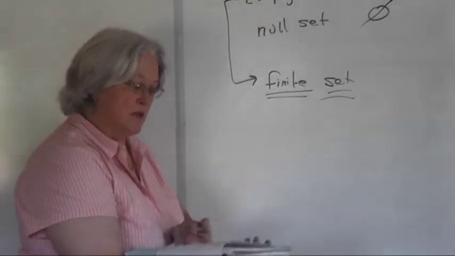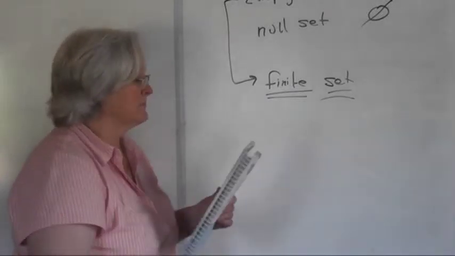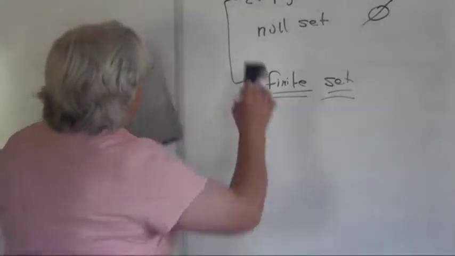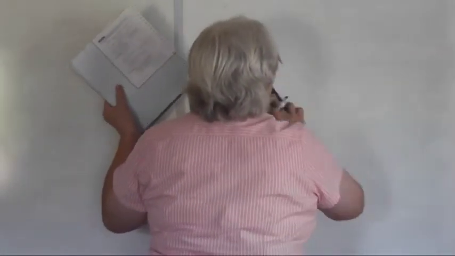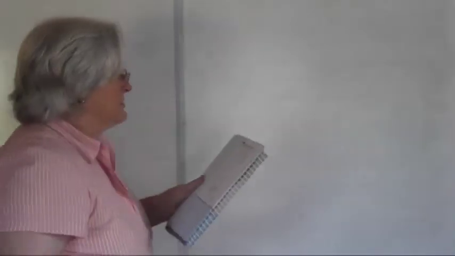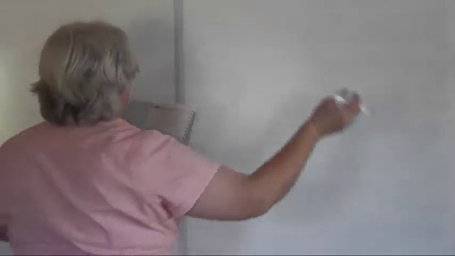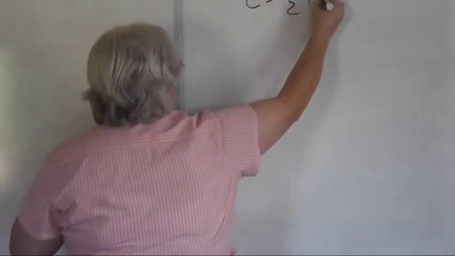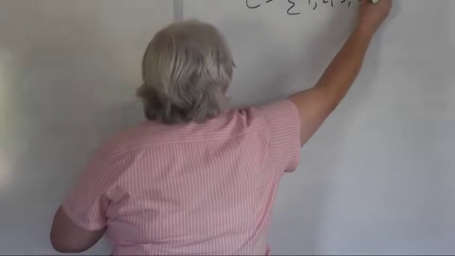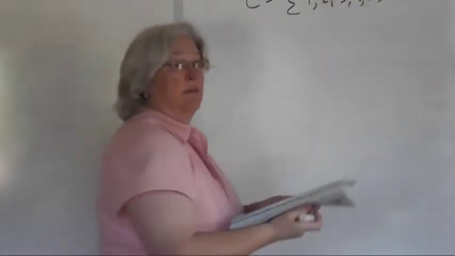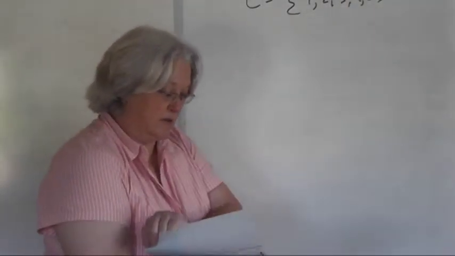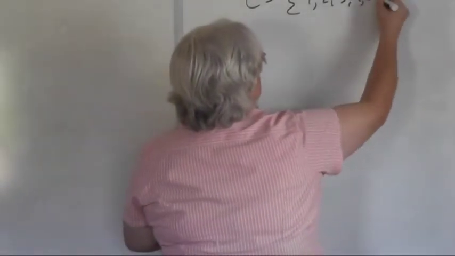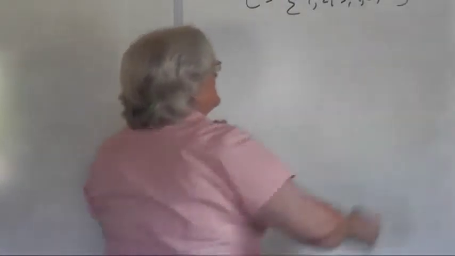Let me get example number 5 for you. This says, which are not subsets of set C above. So let's go ahead and rewrite set C. That was the one that we did. C was a set that contained the elements 1, 2, 3, 4, 5, and 6.